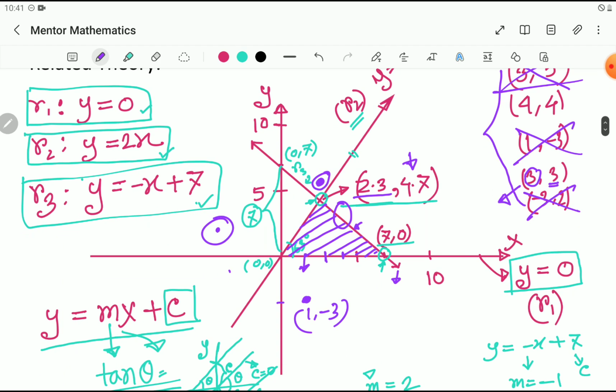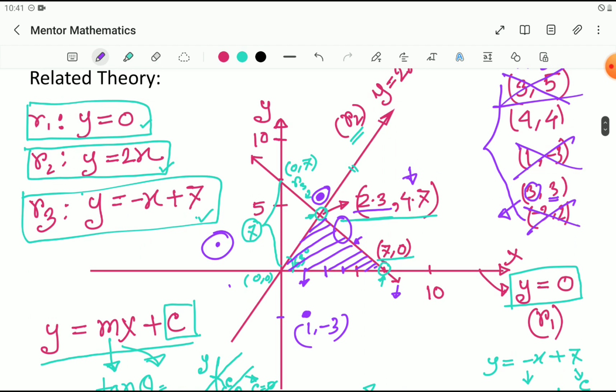So it seems inside the triangle, and we can solve it here.